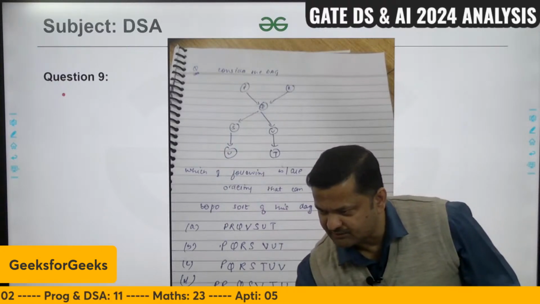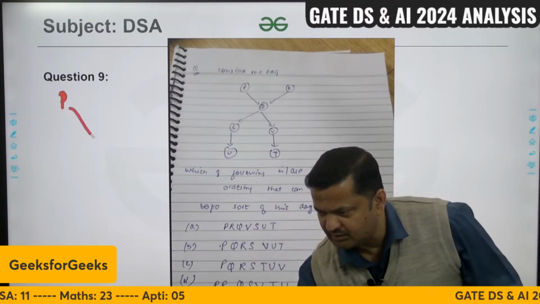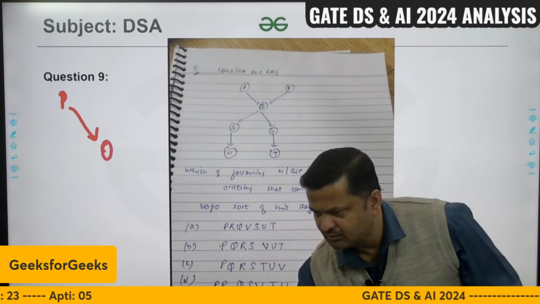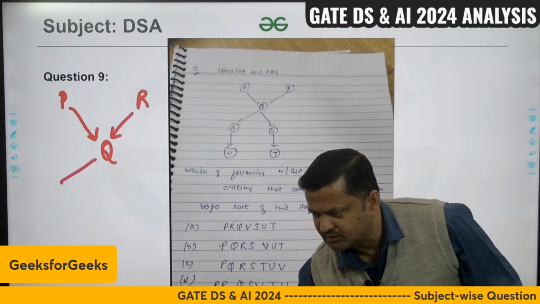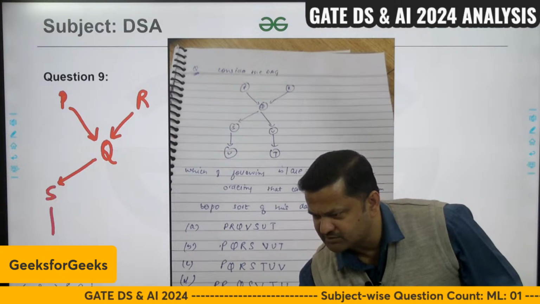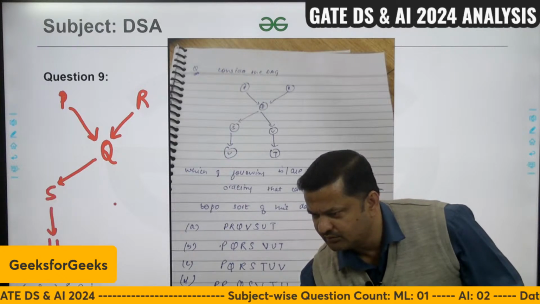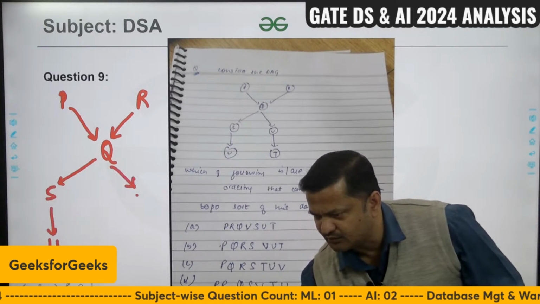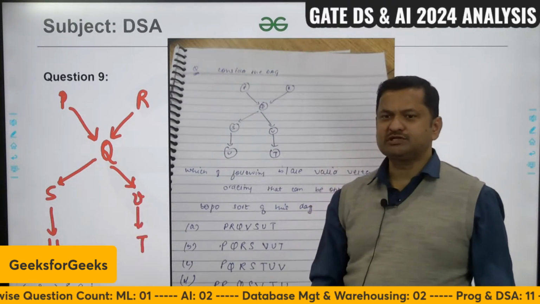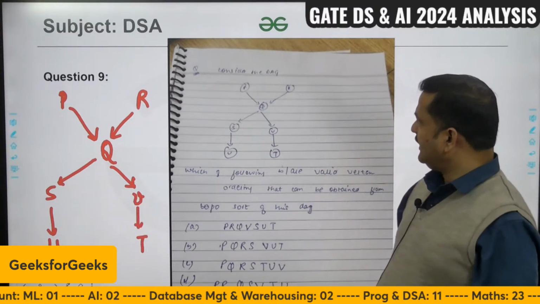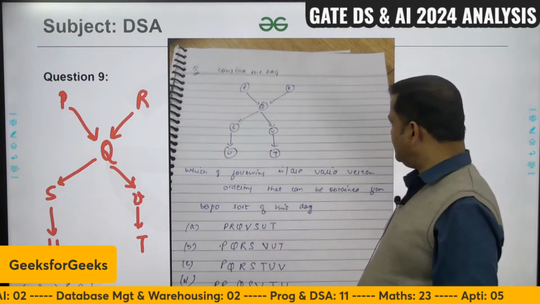So P is connected to Q, R is connected to Q, Q is connected to S, S is connected to U, and Q is further connected to V, and V is connected to T. So this is the DAG given to you.